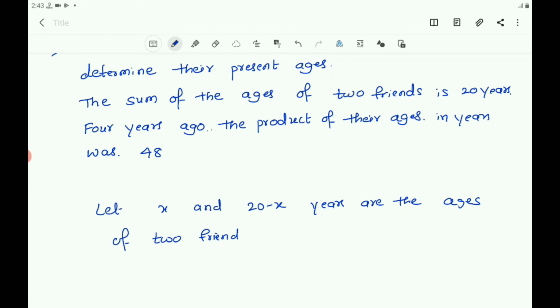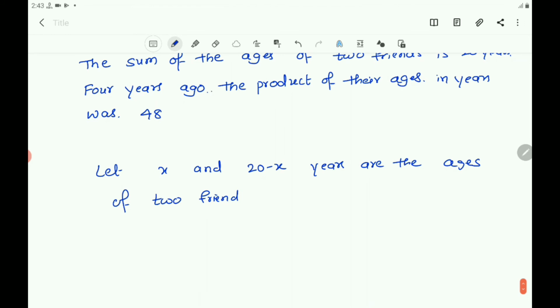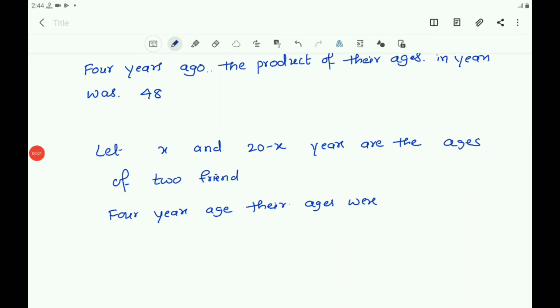4 years ago, the product of their ages in years was 48. 4 years ago, their ages were x minus 4 and 20 minus x minus 4. 20 minus x minus 4, that is 20 minus 4 is 16 minus x.